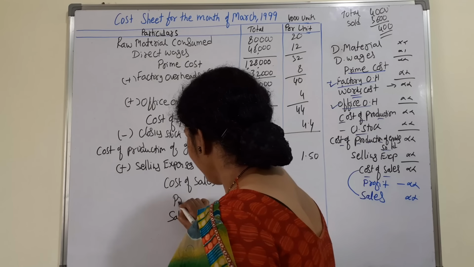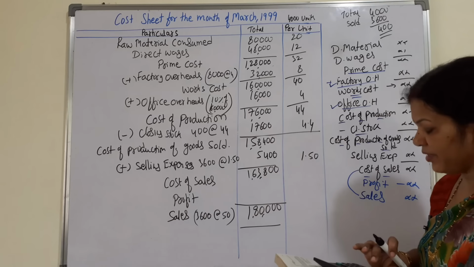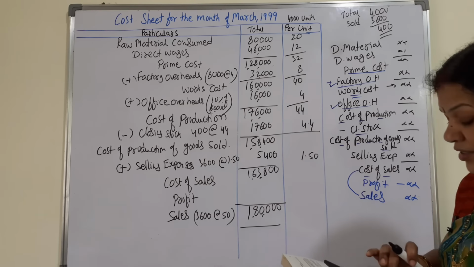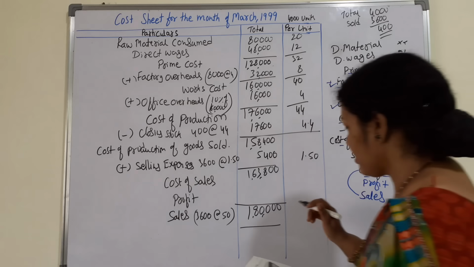Profit is here. You are going to write 1,80,000 minus 1,63,800. So this is 16,200.